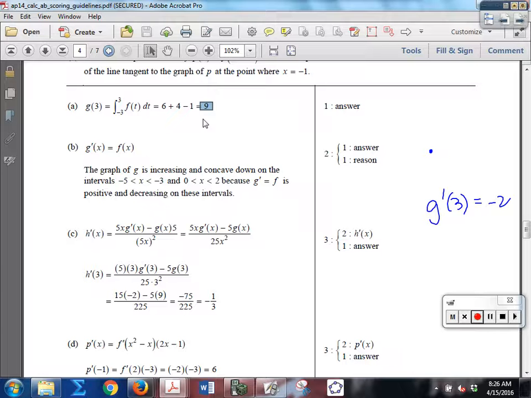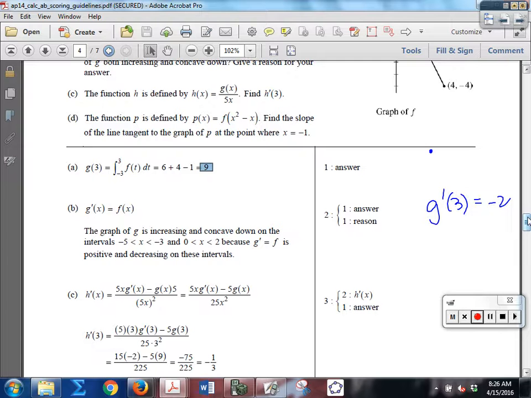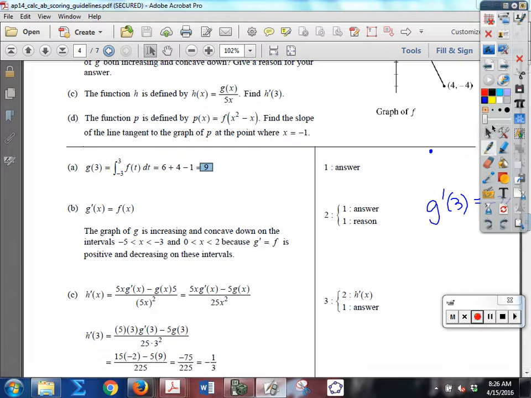Find the slope of the tangent line when x equals 1. So you need to take the derivative of this and plug in 1, right? So this is where it's nice if you can do composition of functions to find p prime of x. You can write it as the derivative of the outside times the derivative of the inside.